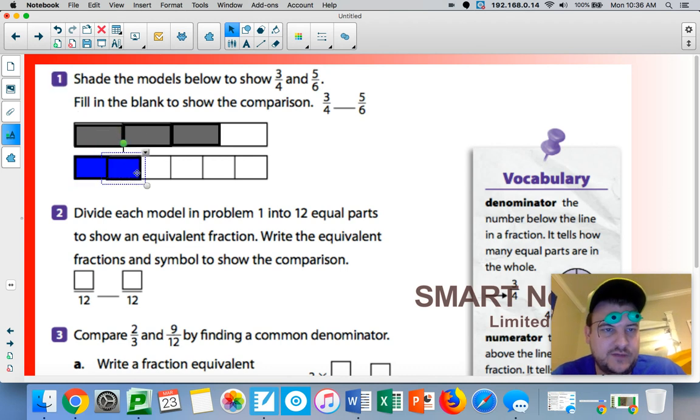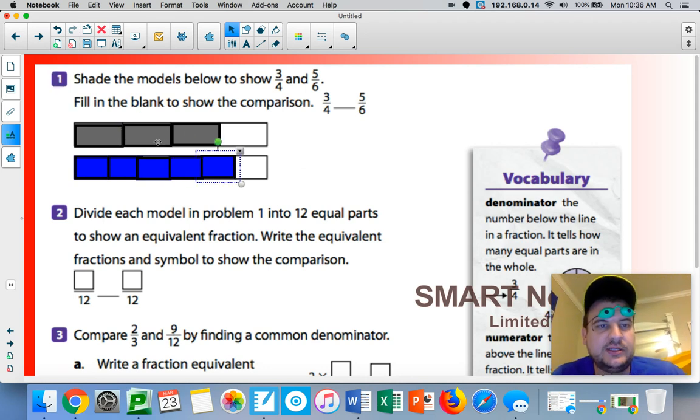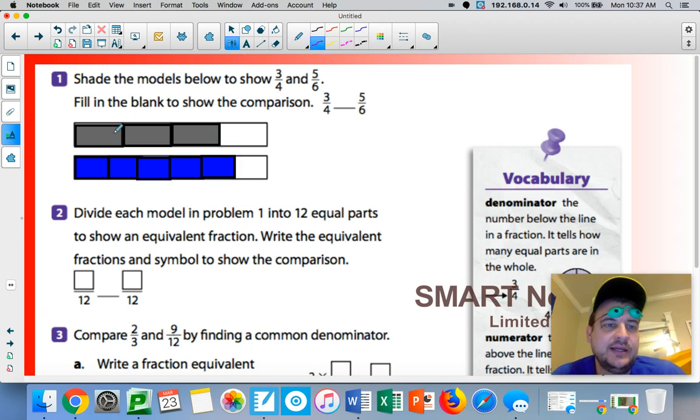And that's going to be 5 of the 6. All right, so looking at this, we can see that 3/4 is smaller, less than 5/6. Or 3/4, yes. Yes, I said it right.